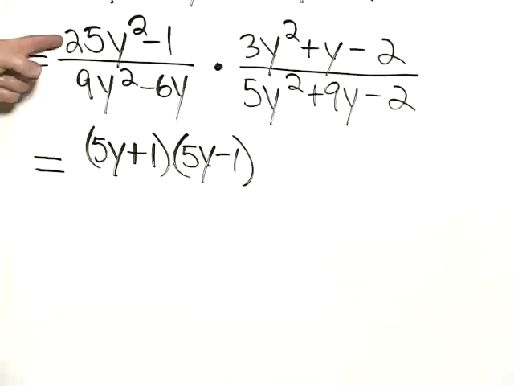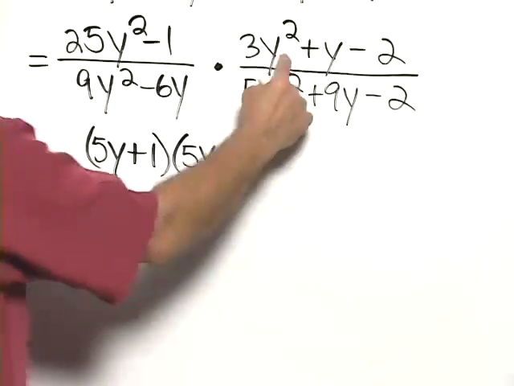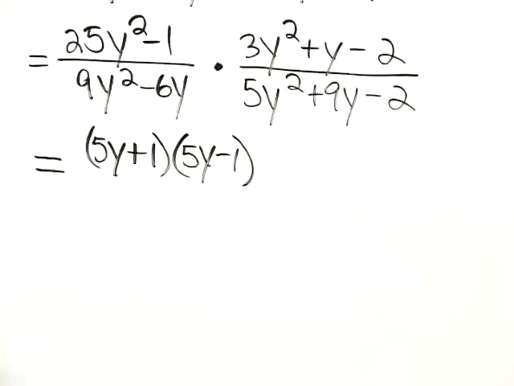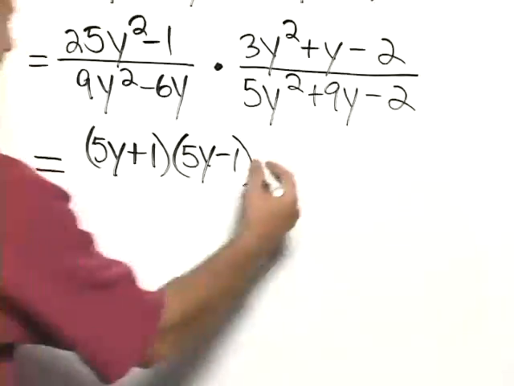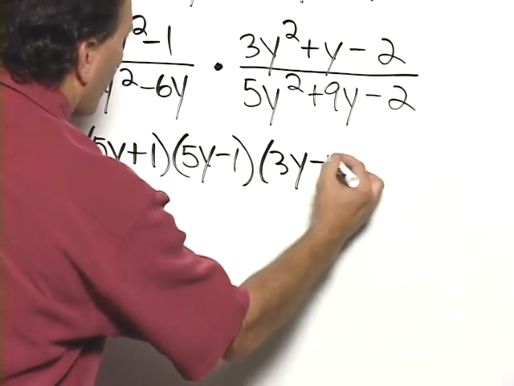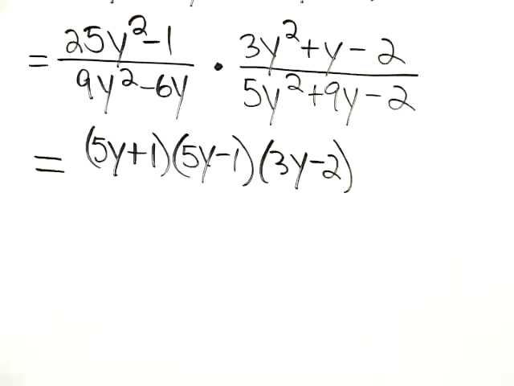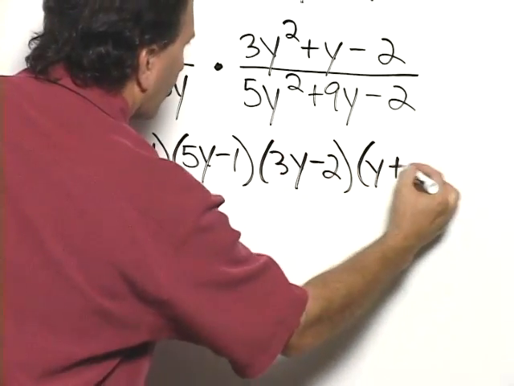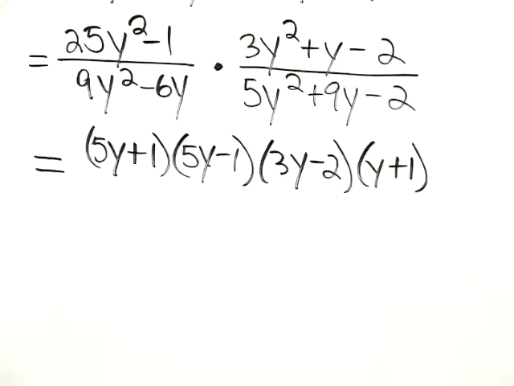And that's because this is the difference of two squares. Here we have a trinomial, and the way we factor that is (3y minus 2) times (y plus 1).